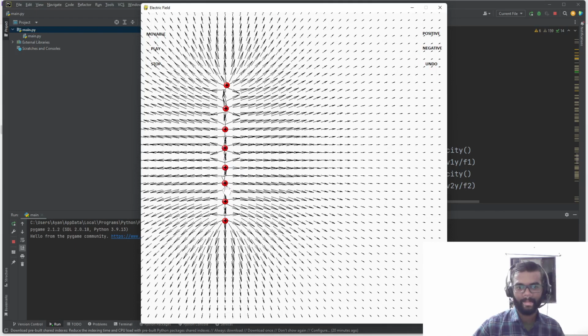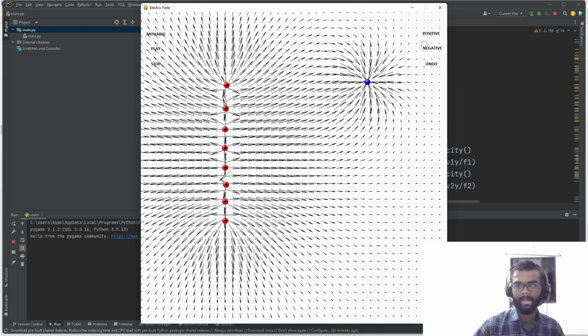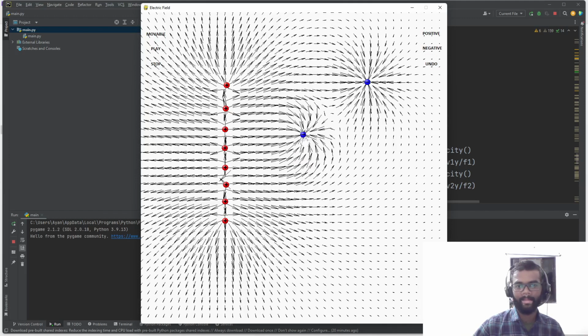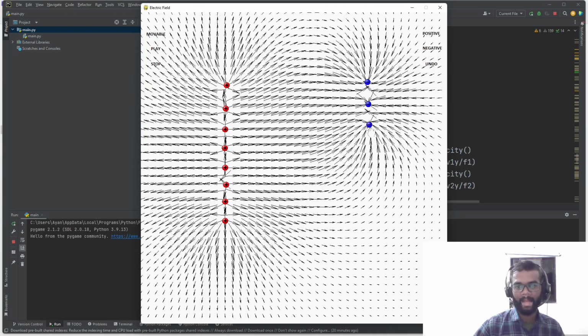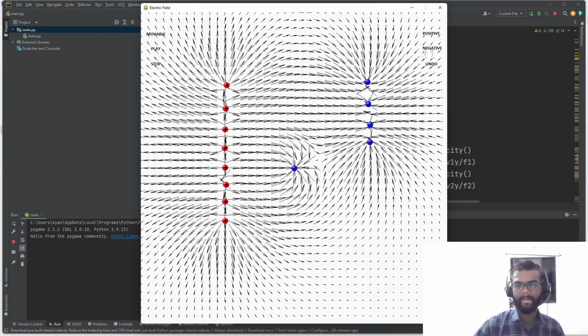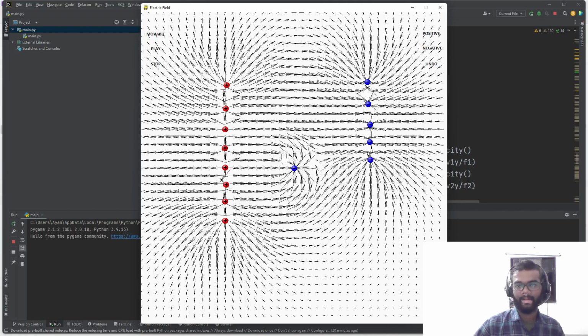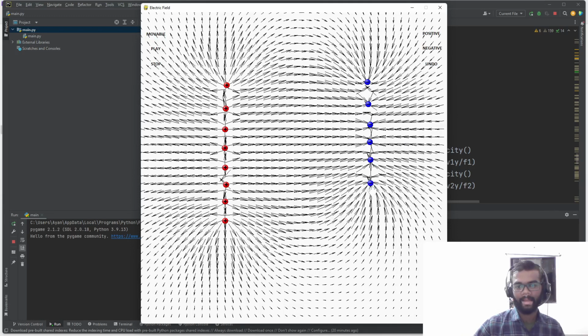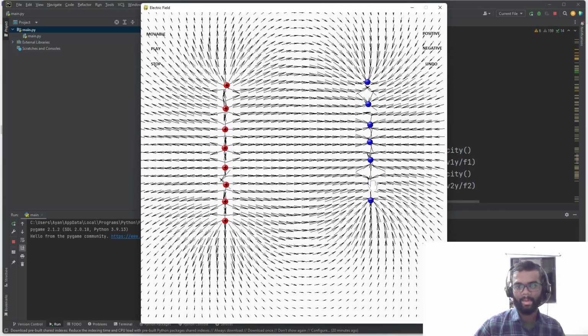Positive. Let me bring some negative charges as well. Yeah, let's put them. As you can see, as I'm bringing more and more charges, the electric field lines between these two plates are getting parallel, almost perfectly parallel, and outside it's more like a dipole.